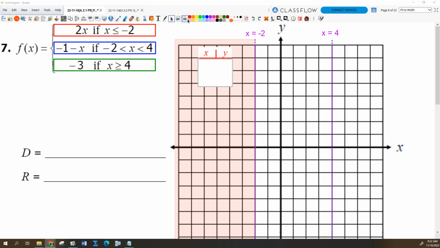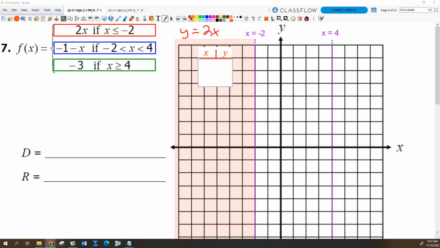We're graphing the line y equals 2x plus 0, so the y-intercept would be 0 and the slope would be 2. But again, the y-axis isn't included in the red region, so the y-intercept doesn't really help us very much. What could we do instead?